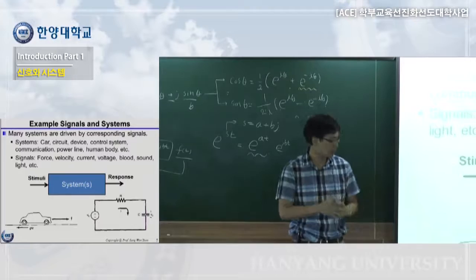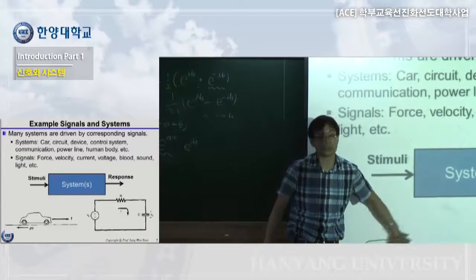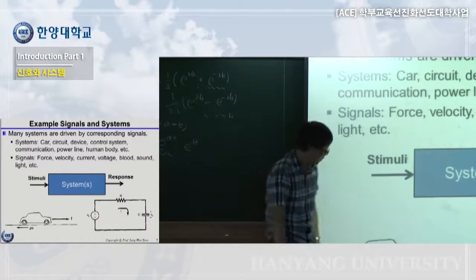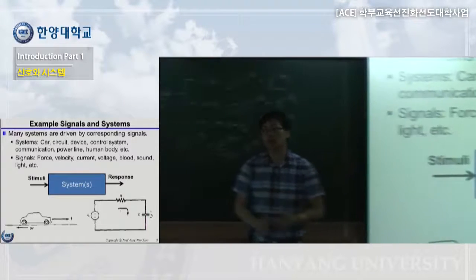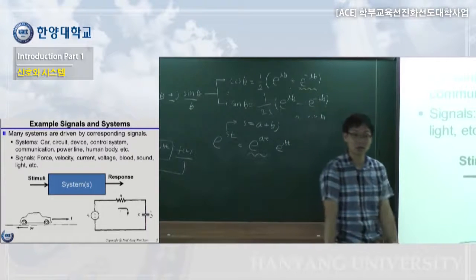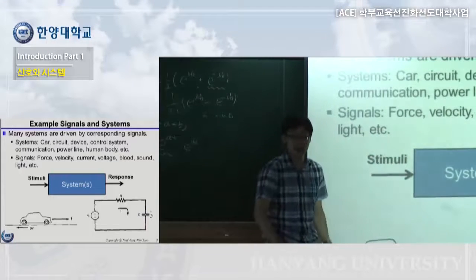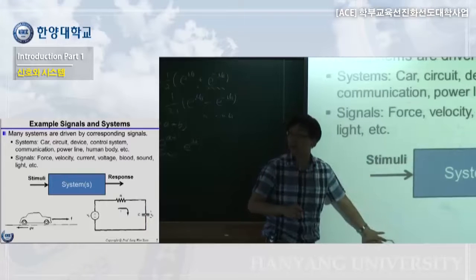So for example, if you have a car, very simply say we give a force to drive the car, right? That's either by engine or by battery. And there is a pulling force, like a friction force, repelling, that tries not to accelerate the car. So in short, we have a force, which is a stimulus exciting the car, the system.